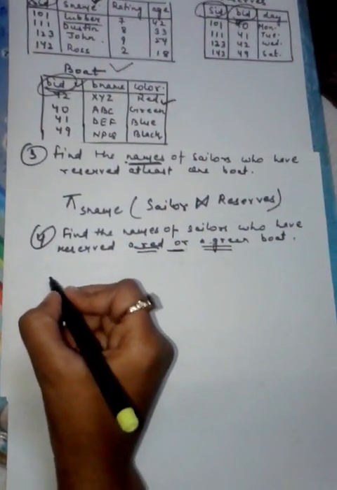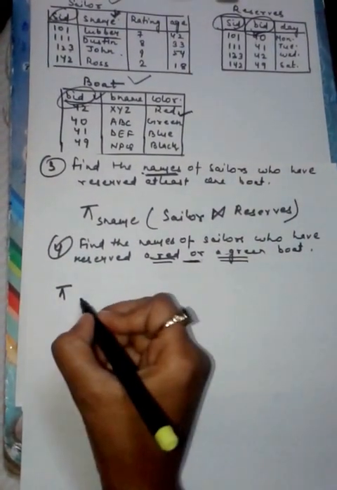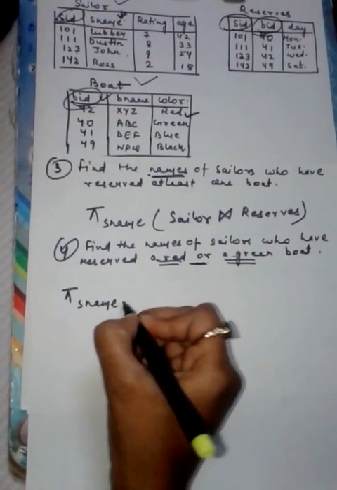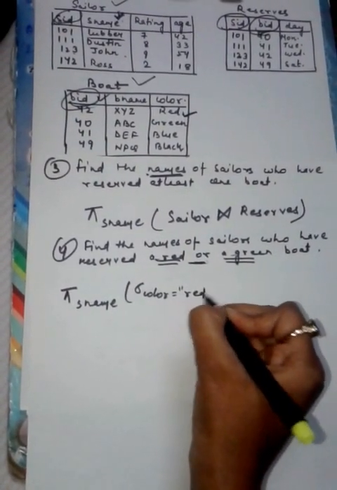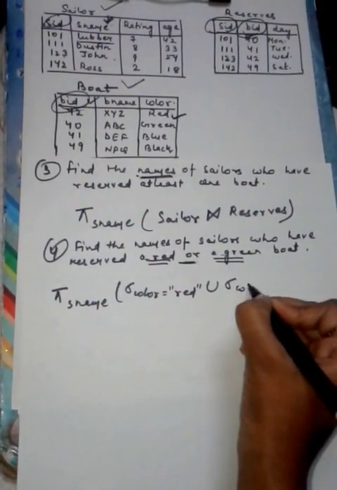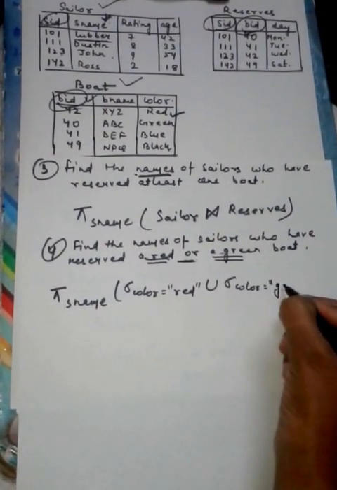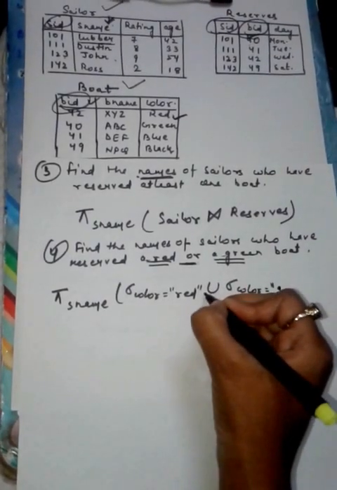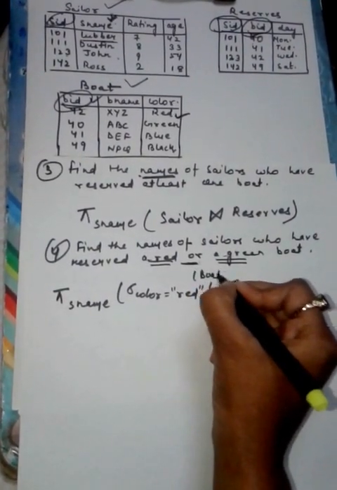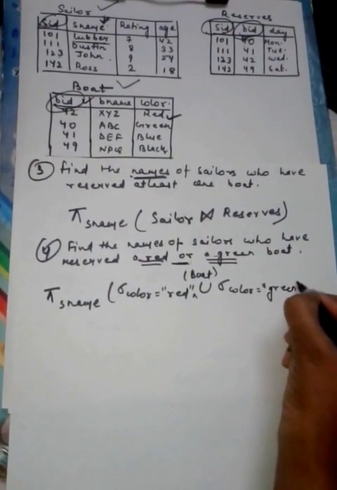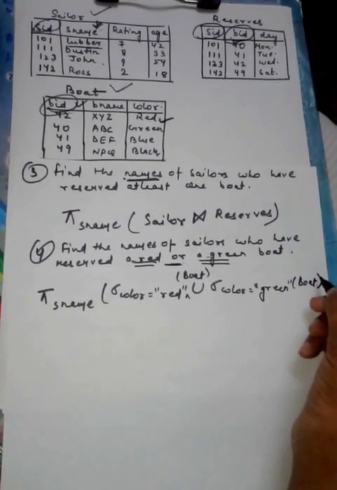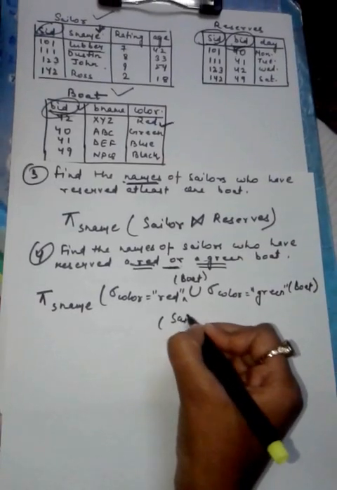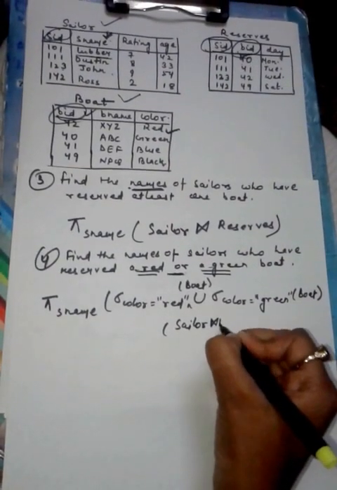Okay, so what will the answer be? Project seller name, color is equal to red, or color is equal to green, from the boat table, and seller.